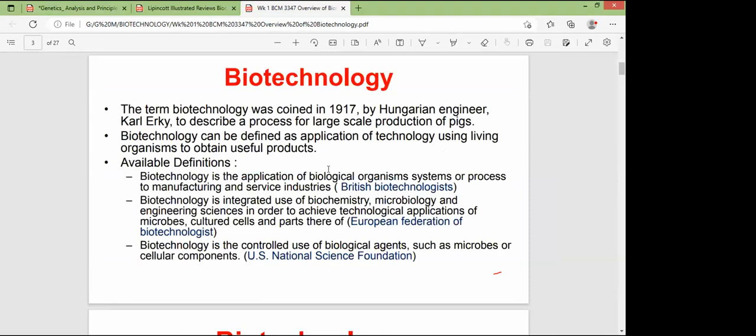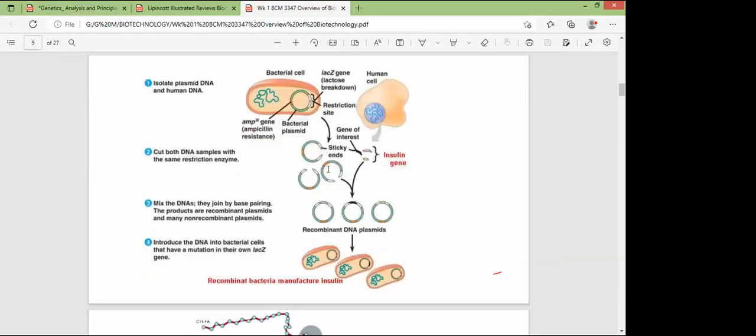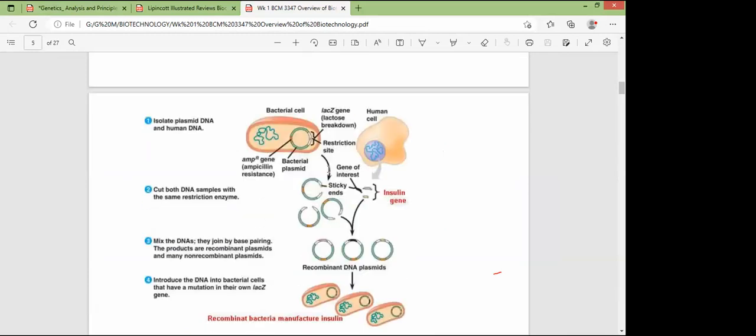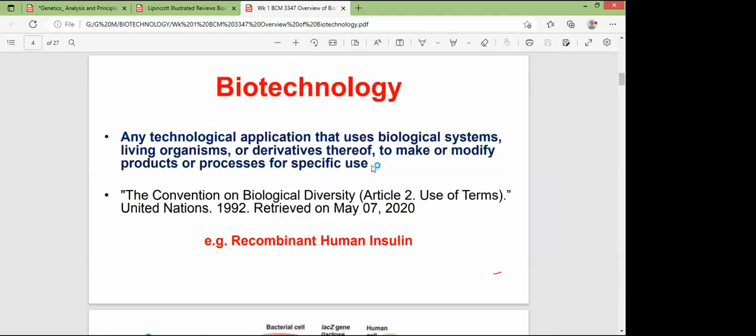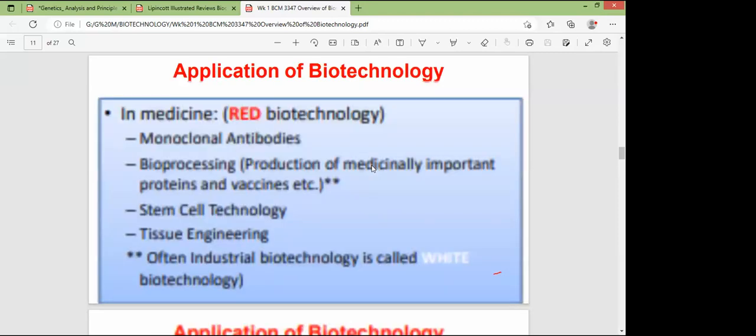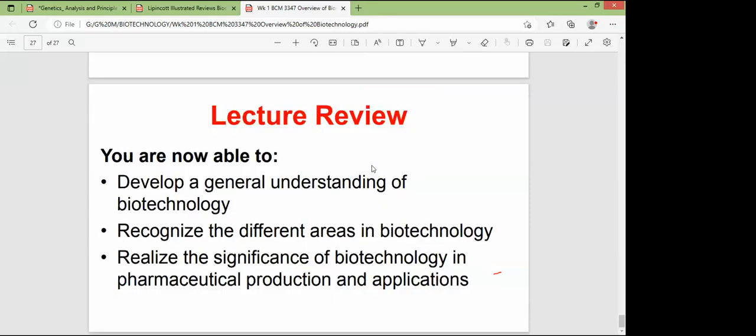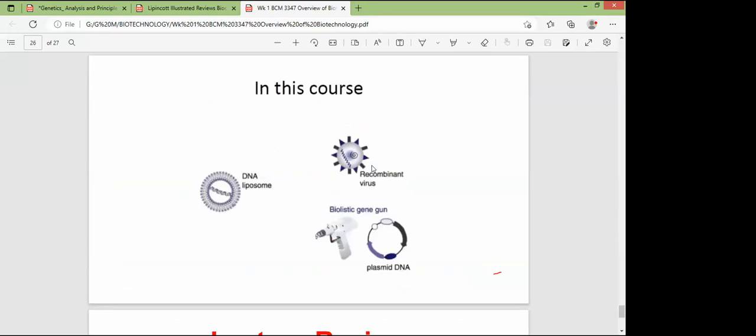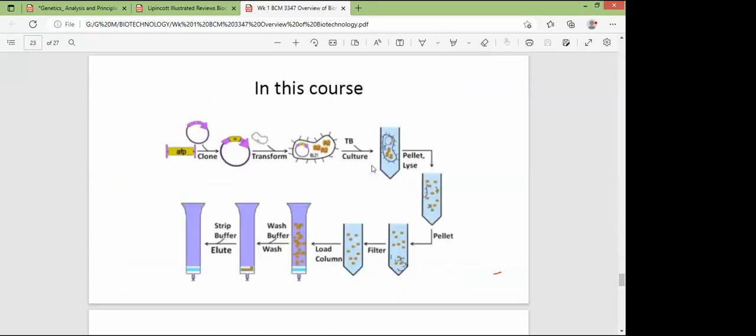This diagram, yeah, this diagram. Right, so here, just as a background, yeah, as a background.